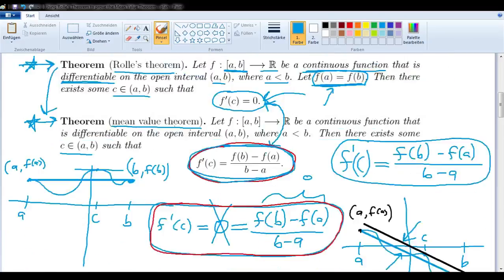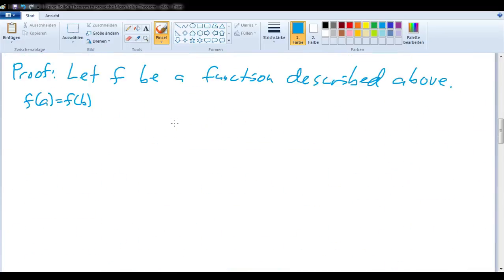But since we don't have that information, we don't know that f(a) is equal to f(b), and indeed it needn't be, since this is just some arbitrary function, we need to create a function for which that is the case. So let's say this.